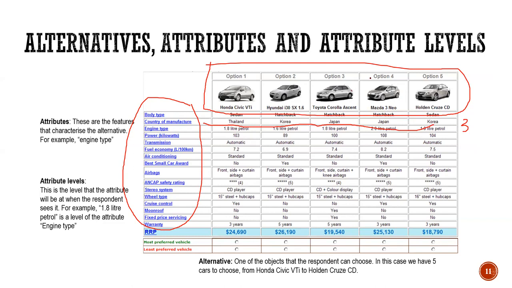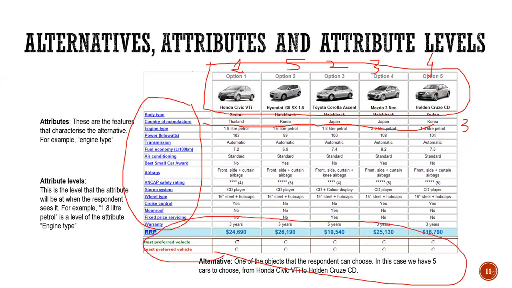In conjoint, the consumers are asked to rank all these options from 1 to 5: this is my first preference, this is my second preference, this is my third, this is my fourth, and this is my fifth preference. On the basis of those preferences, we then determine the sub-utilities for each of these attributes. But here, instead of asking them to indicate their preferences, we actually ask them to choose. So make a choice.